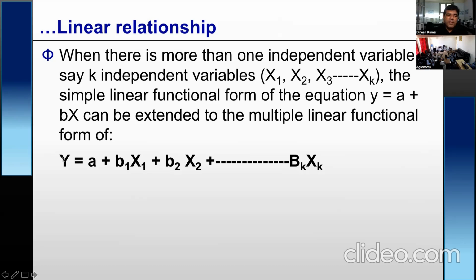So the equation will be y is equal to a plus b1 x1 plus b2 x2, and so on. So this is our multiple regression equation. In place of b, they have taken b1, b2, b3, and so on. So this is the multiple linear regression equation.